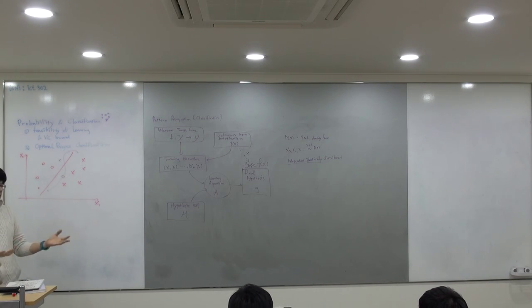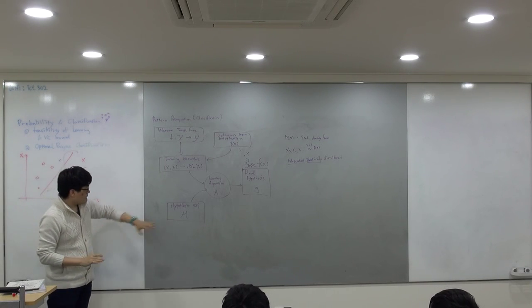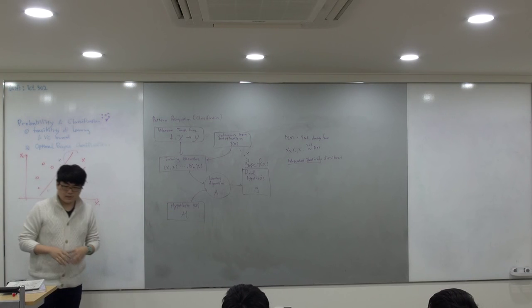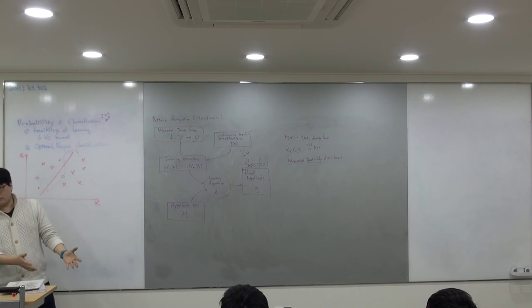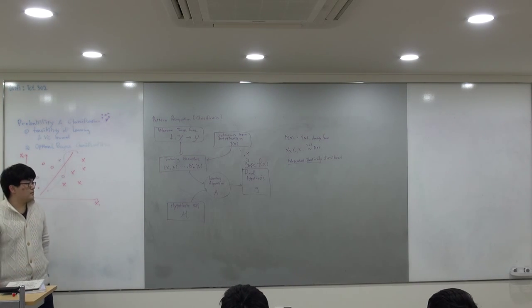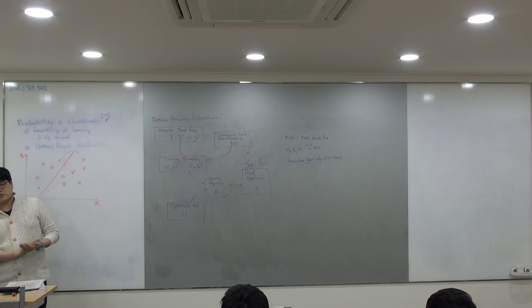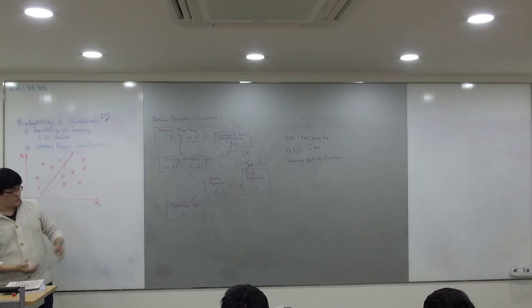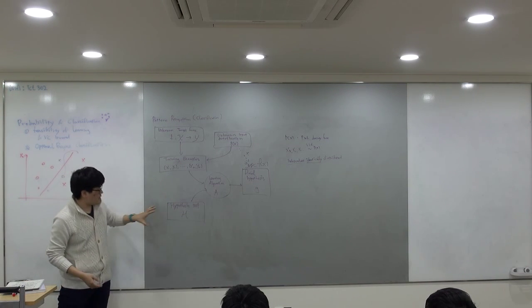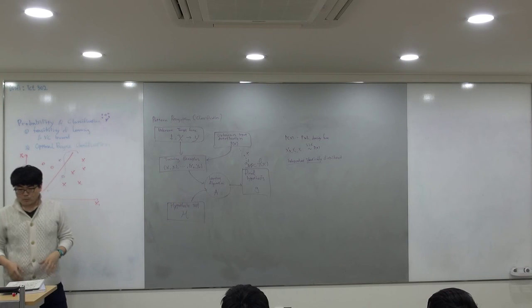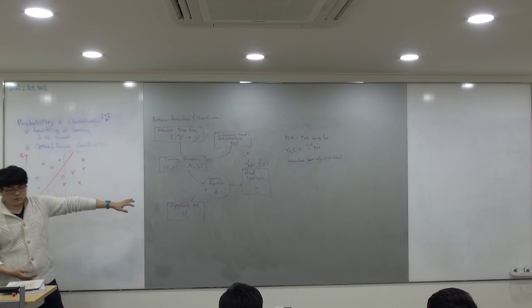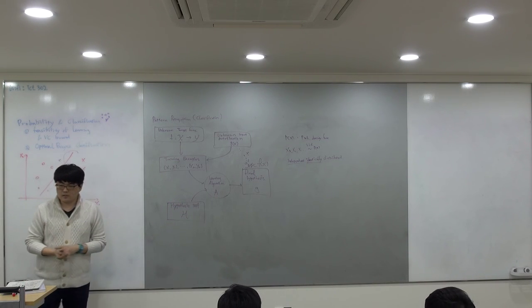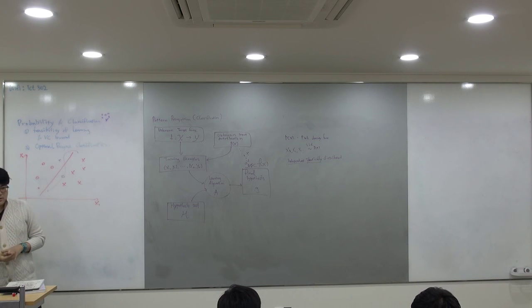If you have image data, you define the hypothesis set as convolutional neural networks, and if you have a set of discrete features, you may choose decision trees. So you can see this as a model: what kind of model do you want to pick? Those are the different sets.